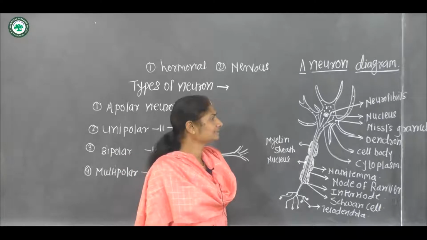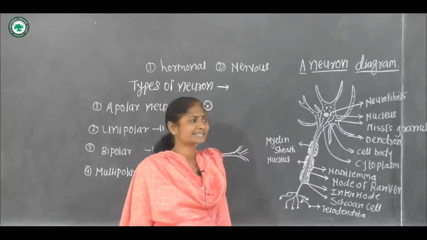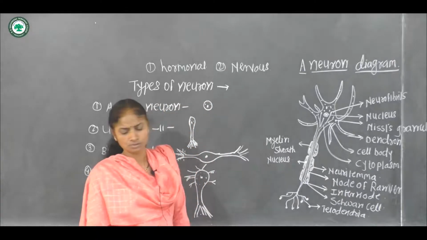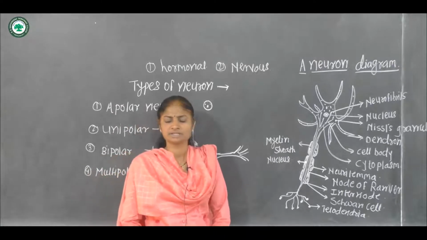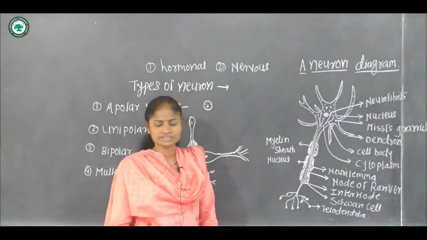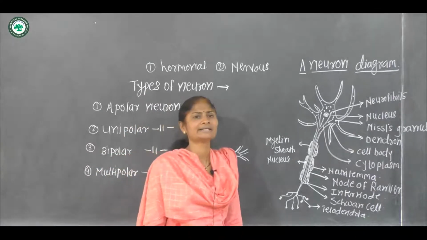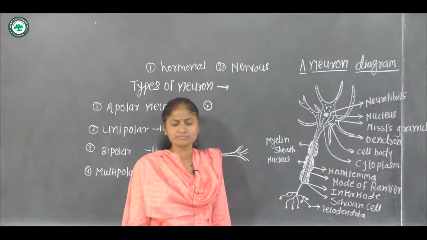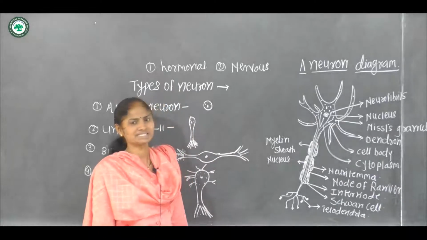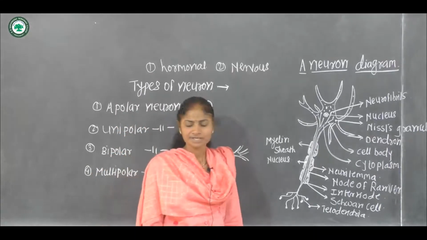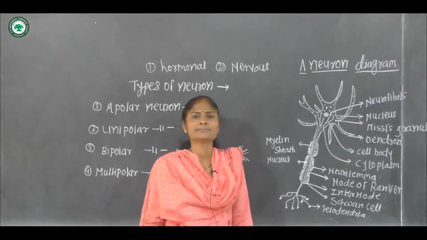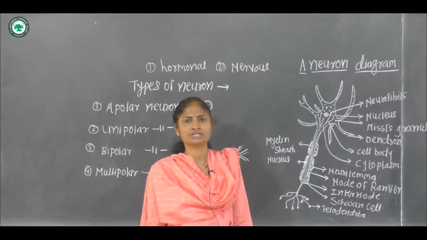Neuron structure. The neuron is the structural and functional unit of the nervous system. Nerve cells occur in the brain, nerve cord, nerve ganglia and autonomic nervous system. Neurons vary in shape and size depending upon their function and location.